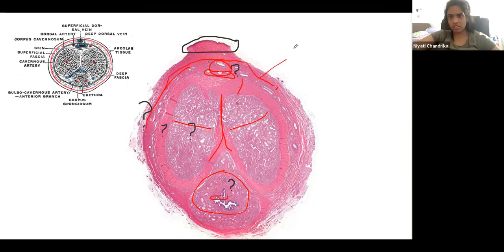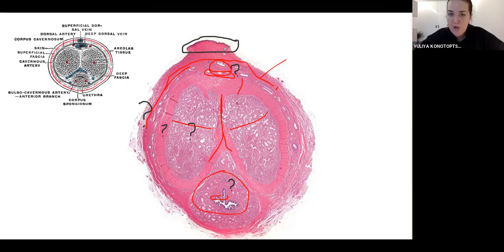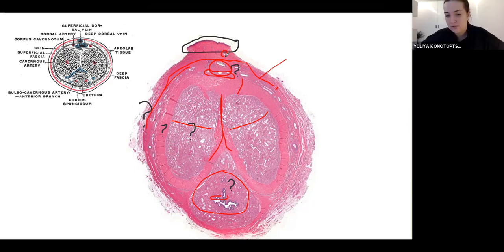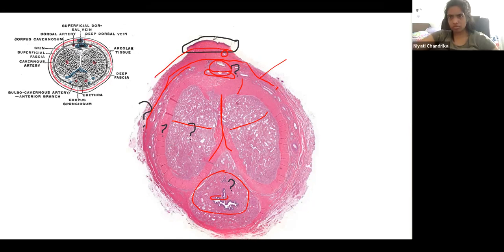Buck's fascia. And then here you have a little tiny vessel. Superficial dorsal, probably artery. And on the top of it, you will have superficial fascia, superficial penile fascia. And this is your skin, right?